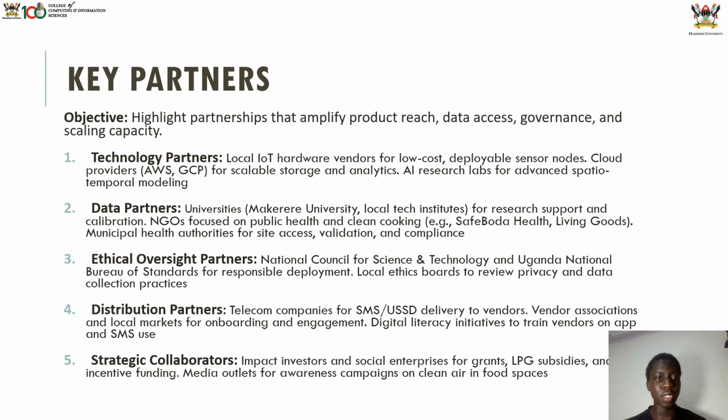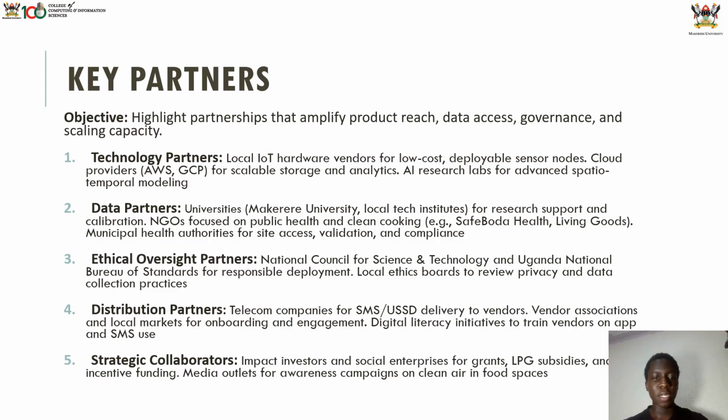So for the key partners, the objective is to highlight partnerships that amplify product reach, data access and governance, and scaling capacity. For technology partners, we have local IoT hardware vendors for low-cost deployable sensor nodes, and cloud providers like AWS and GCP for scalable storage and analytics, and AI research labs for advanced spatio-temporal modeling.